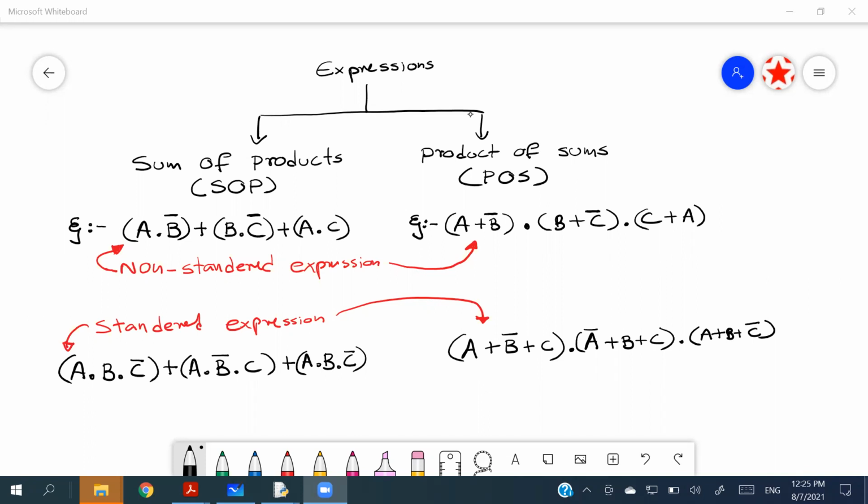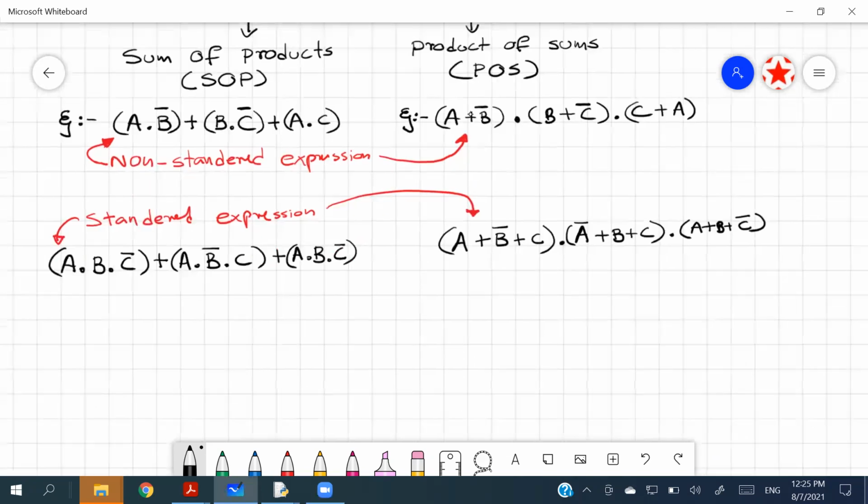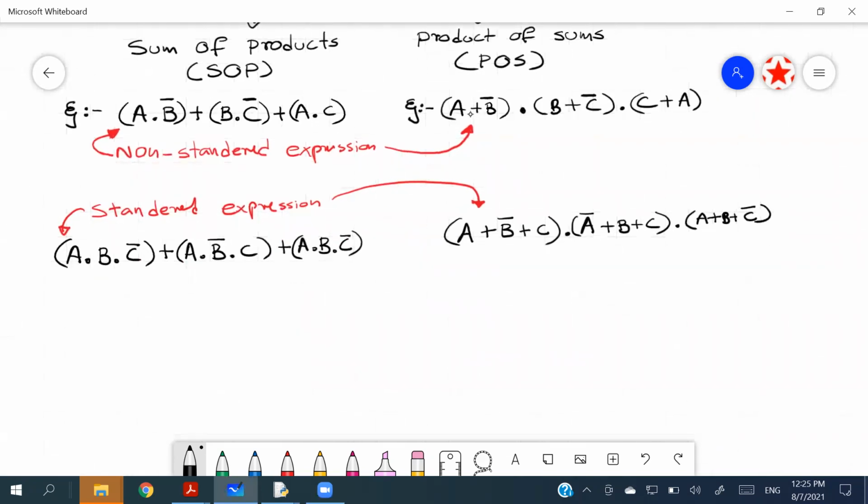So now I'll take a very simple expression. Your tutorial also has these things in this same way, but I'll show you how it happens, right?